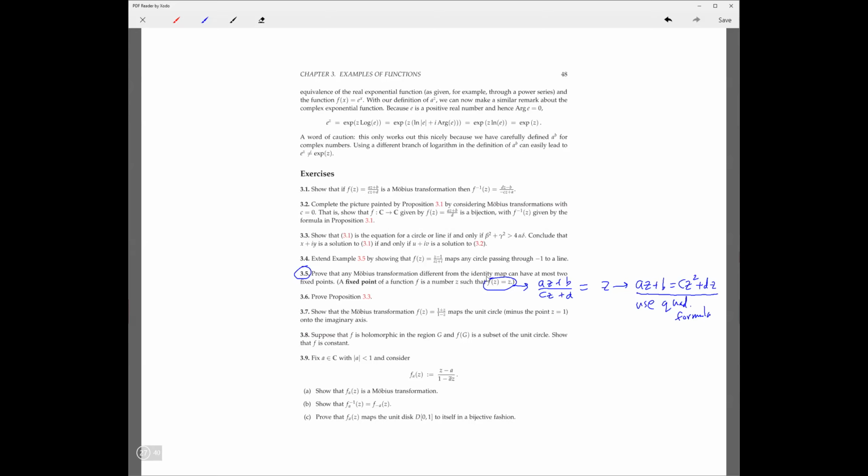The identity map is where f of z equals just z. So A is the identity map. That's a Mobius transformation like this, except A is 1, B is 0, C is 0, and D is 1. So it's just basically T of z equals z.